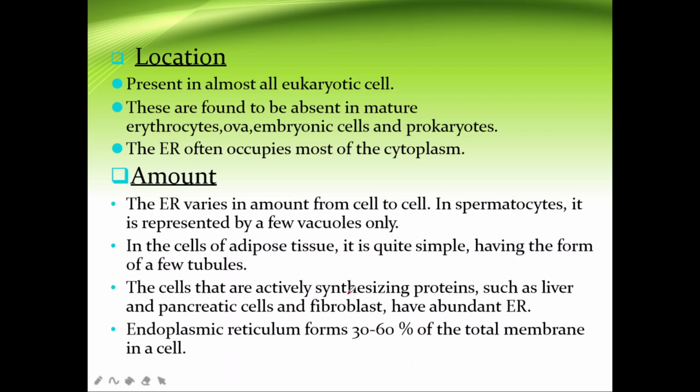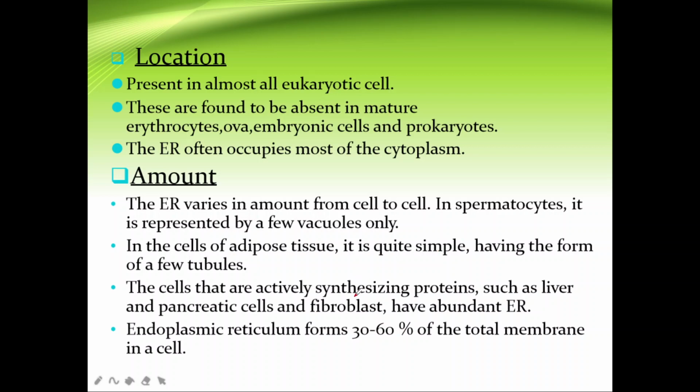The cells that are actively synthesizing proteins, such as liver cells, pancreatic cells and fibroblasts, have abundant endoplasmic reticulum. So, very rarely it is seen in spermatocytes. Then in adipose tissue, some vacuole or tubule structures of endoplasmic reticulum are present.